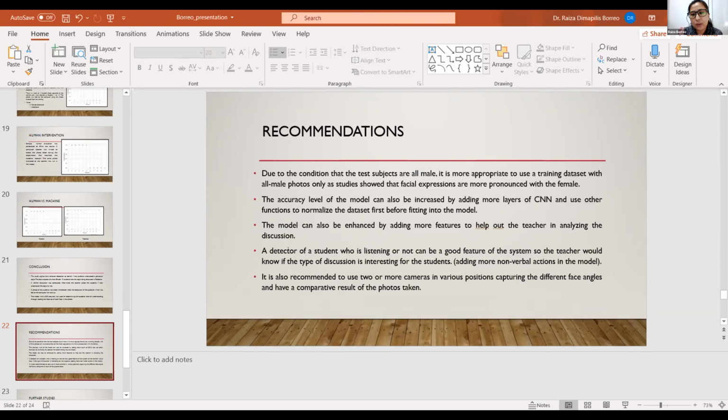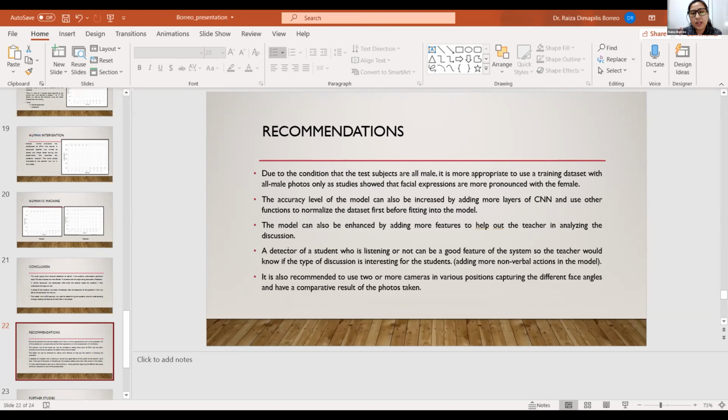As per studies, or as per my research, the facial expressions of female are more pronounced or more expressive than male. So there might be some possible errors there. The accuracy level of the model can also be increased by either adding more layers of CNN, and using other functions to normalize the data set before fitting it into the model.